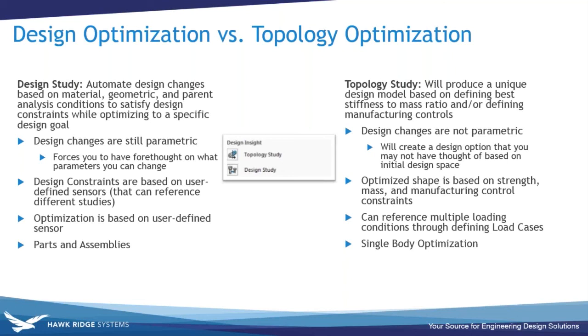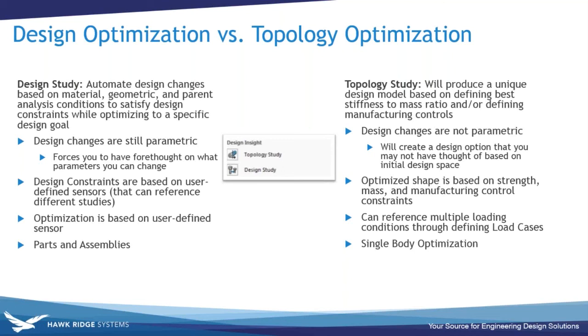So hopefully that gives you a good idea of what that design study optimization tool does. But now, in contrast, we have this topology study where it will produce a unique design model based on defining a best stiffness to mass ratio or defining manufacturing controls. So really the main difference is that the parameters that you change are a little bit more general or non-specific in terms of specific dimensions that you want to change.